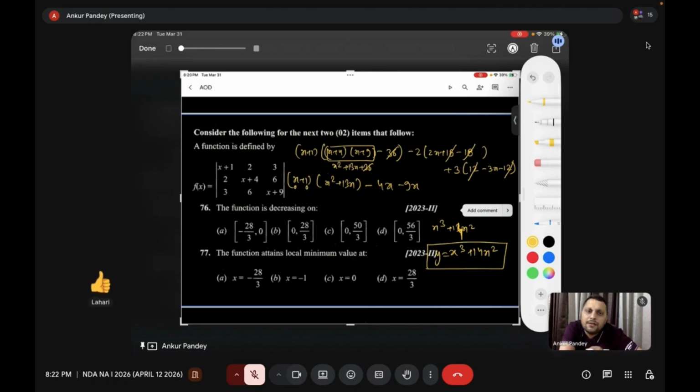Now we have to say increasing, decreasing. 76th question. Well, like sir, first differentiation equal to 3x square plus 28x. Yes or no? Right?